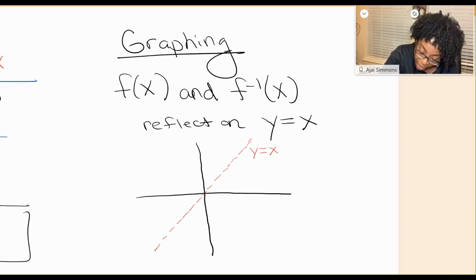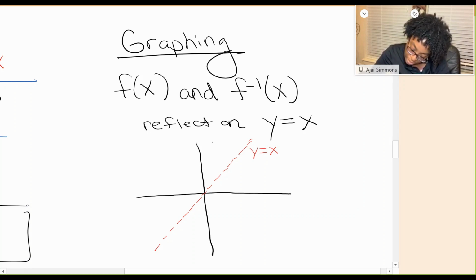So if you had a graph that looked like this, I'm just going to make up something. Let's say I had a graph that did this.